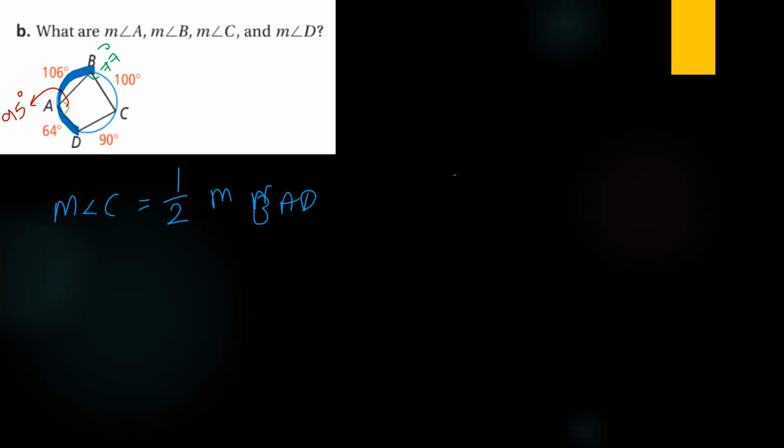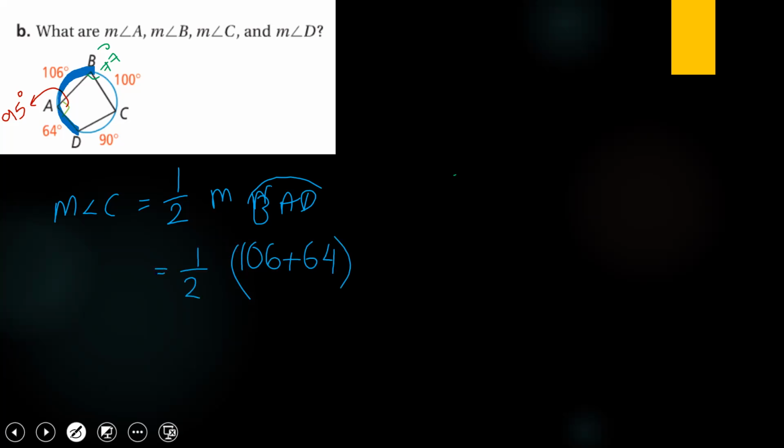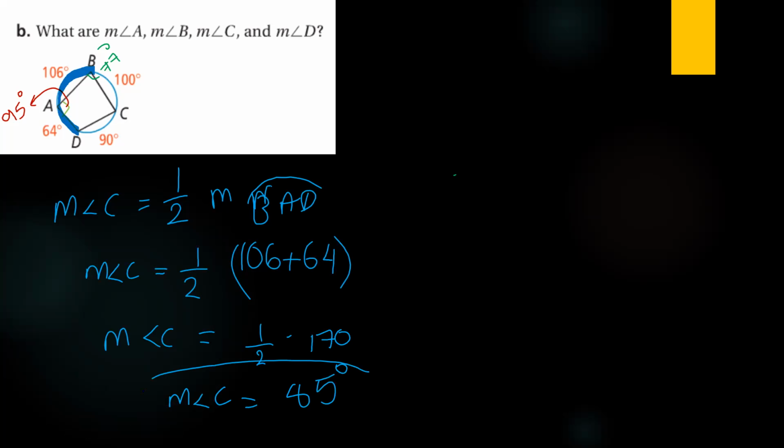How can I find the measure of BAD? You have to add 106 plus 64, which is 170. The measure of angle C is half of 170, which is 85.